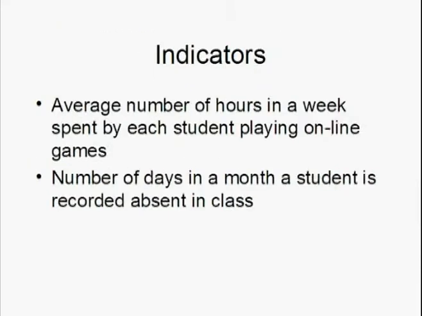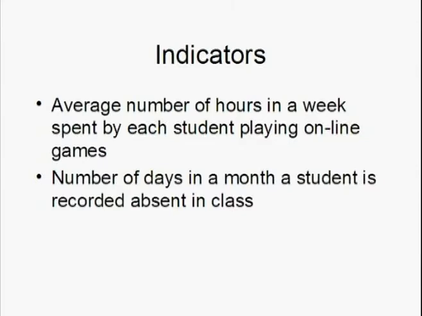So, two variables, and the indicators that we will come up with should also be logically connected to the variable. For example, in terms of the time being spent playing games, the indicator for that would be the average number of hours in a week spent by each student playing online games.